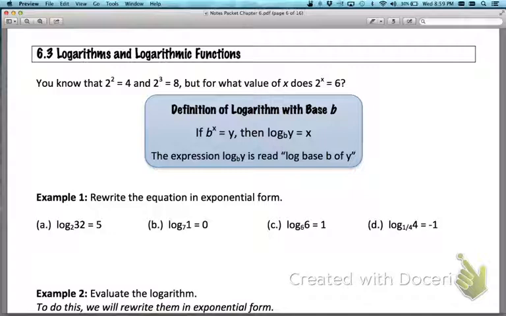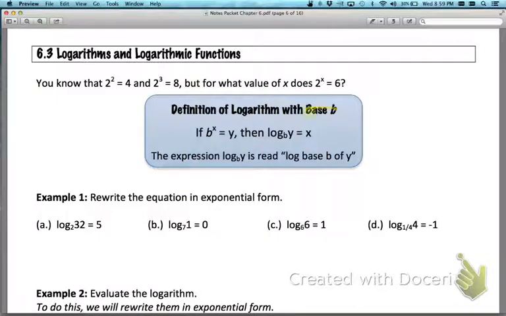And here's the way the two are related. When we look at this, it has base b. We're always looking for what the base is.